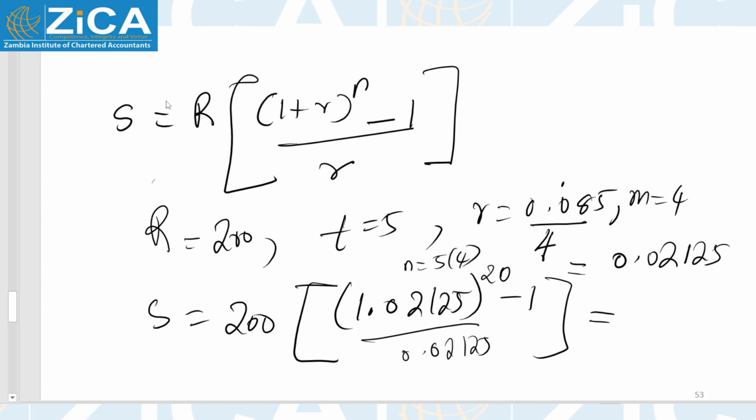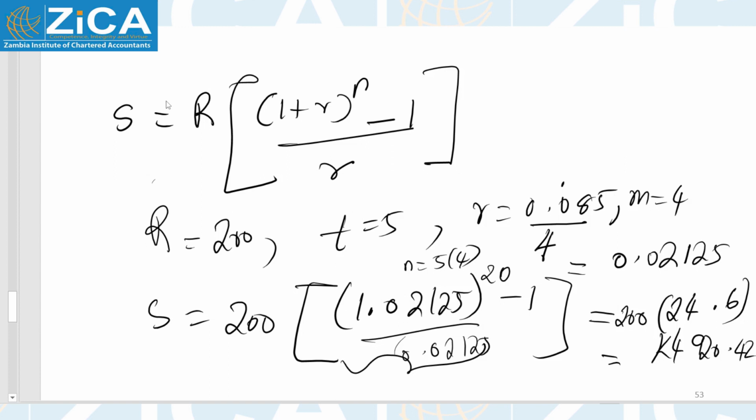If you simplify this, you get your 200 times the discount factor from this part here, which will be almost 24.6, and this will be equal to 4,920.